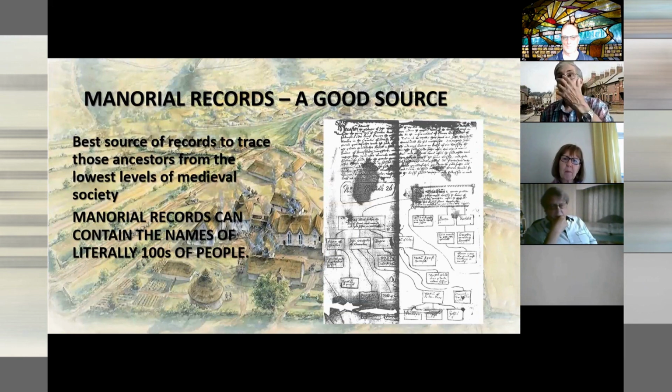That document on the right-hand side there is actually a four-generation pedigree, pre-parish registers, where somebody had to prove that they were entitled to inherit an estate on a manor or a tenancy on a manor. So although it's not written in the format of a drop-line pedigree, you can actually piece together the information.